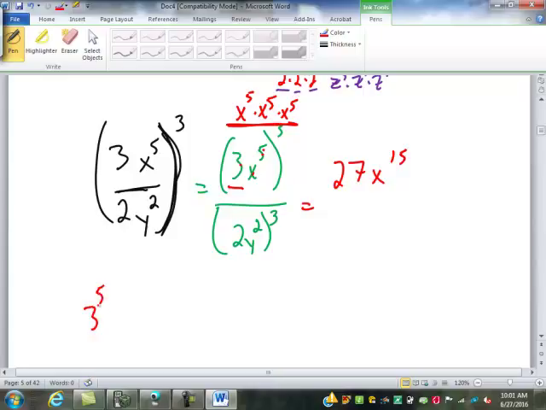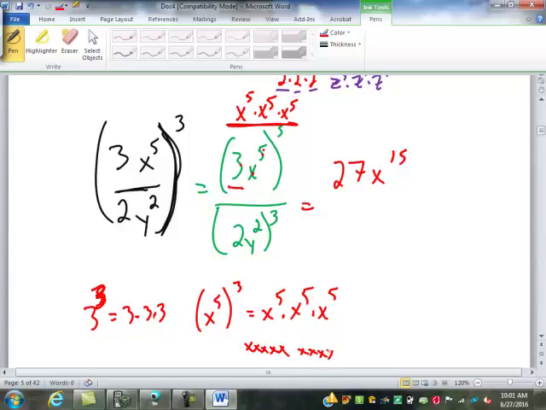So this is 3 to the third, which is 3 times 3 times 3, or 27. I gotta put 5. That's 3 to the third, I should say. This is x to the fifth to the third, which is x to the fifth times x to the fifth times x to the fifth, or 15 x's multiplied together.